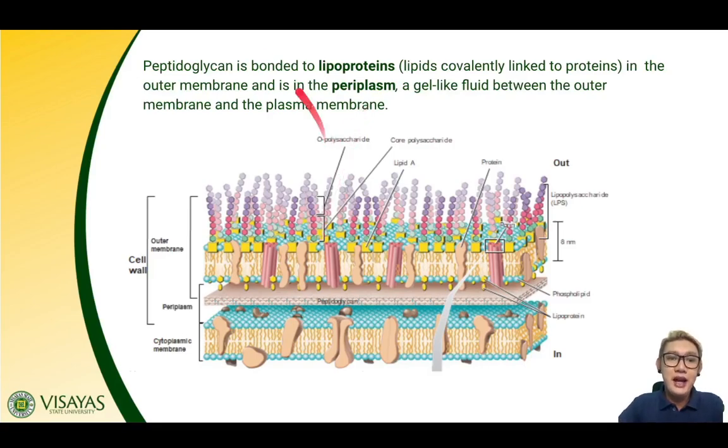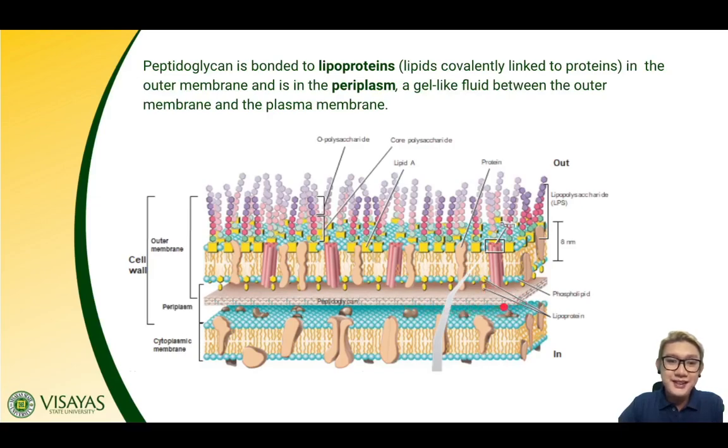So peptidoglycan here in the gram-negative bacterial cell is bonded to lipoproteins. So this is the lipoprotein. So the lipids are covalently linked to proteins. So lipoprotein, a combination of a lipid and a protein, is found in the outer membrane and in the periplasm.